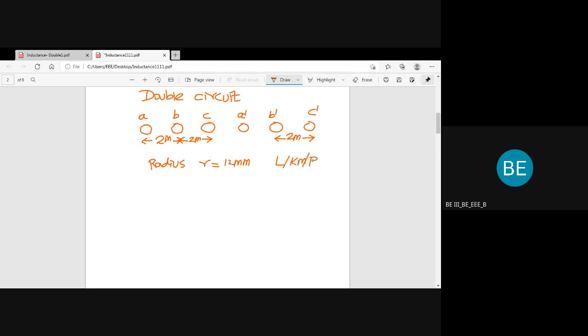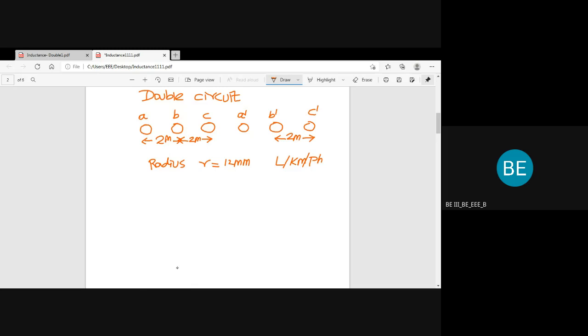So the inductance of double circuit line for this horizontal type arrangement. So you can see the 6 conductors which will be arranged horizontally. So each distance between the conductors is 2 meter, and the radius of the conductor I am considering 12 millimeter.